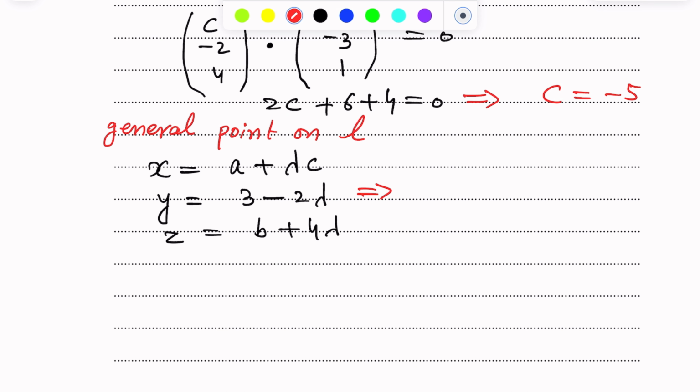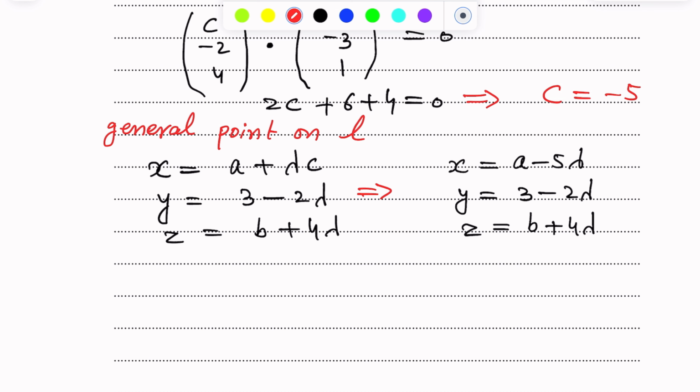Now putting the value of c, which we have already found, x becomes x = a − 5λ, y = 3 − 2λ, and z = b + 4λ.